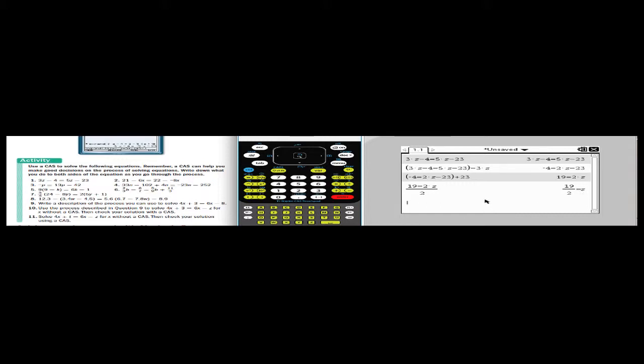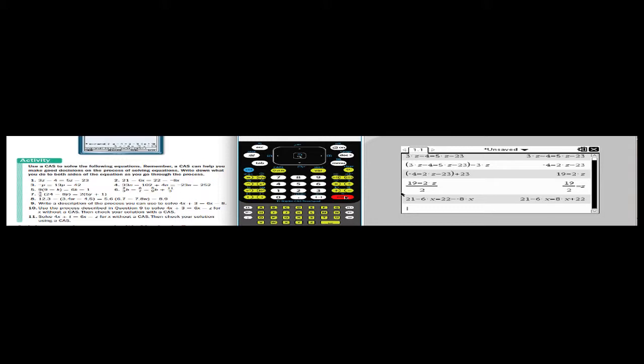And for number two, it is 21 minus 6 times x, and that equals 22 minus a negative 8 times x. Hit enter.